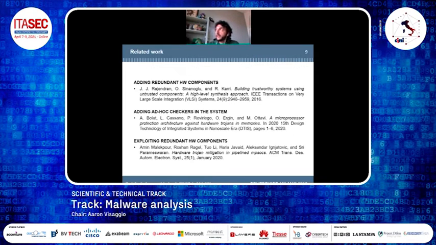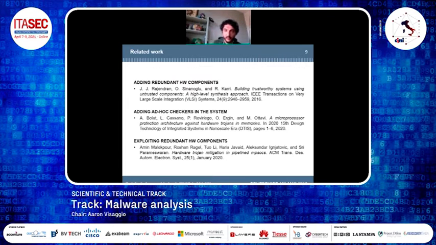Most of the few design for trust techniques that specifically address microprocessors and hardware Trojans rely on redundant components, redundant execution, or full duplication or triplication of the microprocessor.